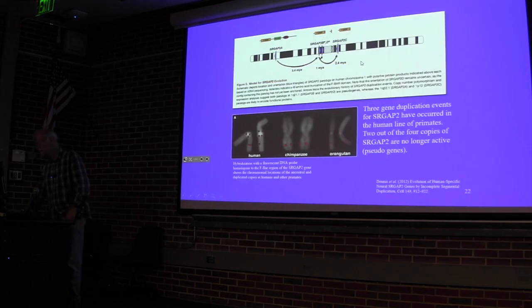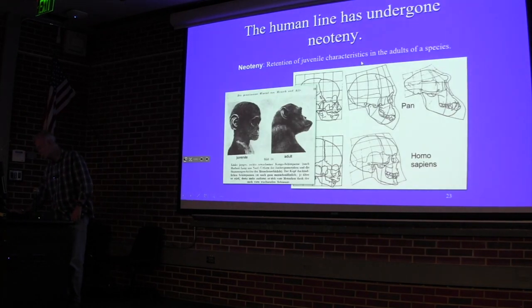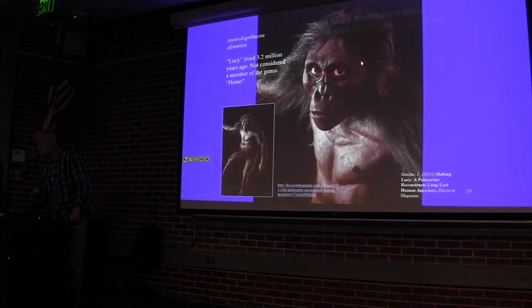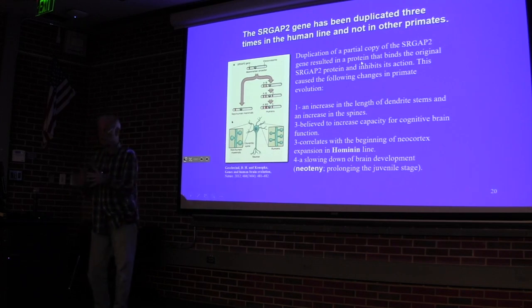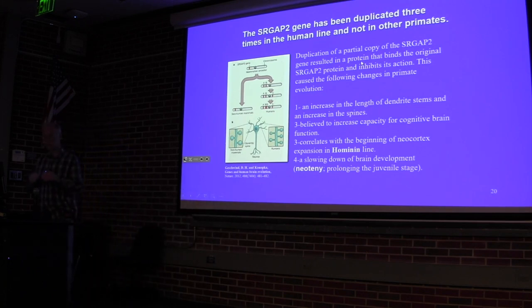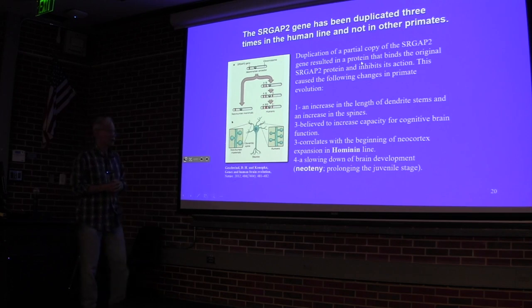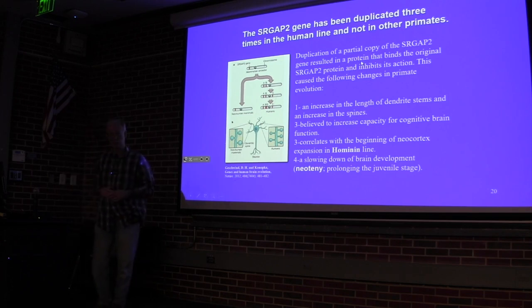The gene involved here, that's not the next slide, is it? Oh, this is the one kind of out of order here. This gene, SRGAP2, is involved in neural development, specifically in development of the brain as an organ, and it influences the rate of migration of the neurons as they go to establish the layers of the brain, and also the number of connections that are possible.